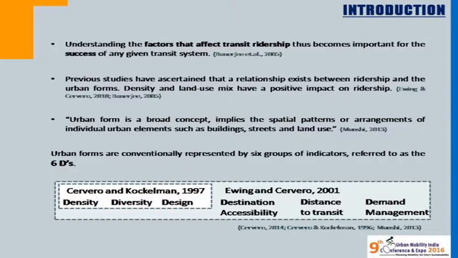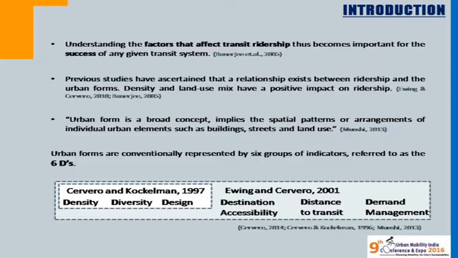Seeing all the previous case studies, we see that there are 6 kinds of urban form variables which relate to BRTS ridership. They are called density, diversity, design, destination accessibility, distance to transit and demand management.